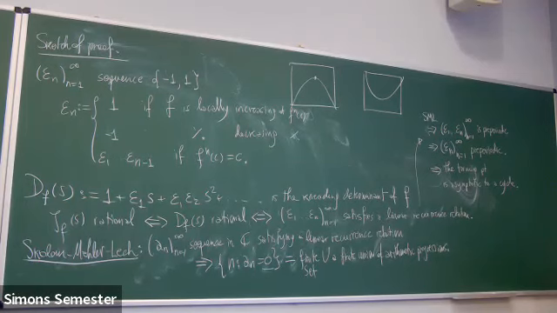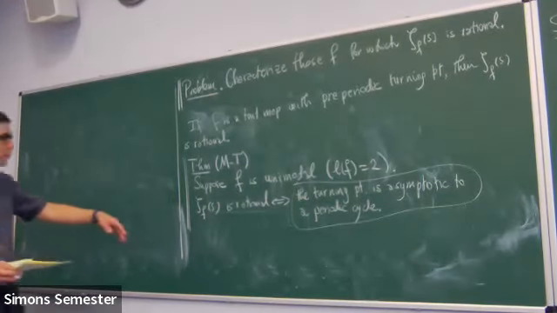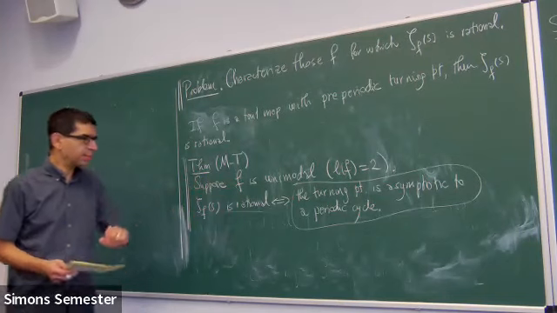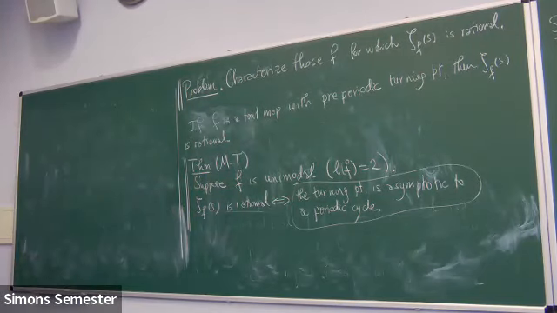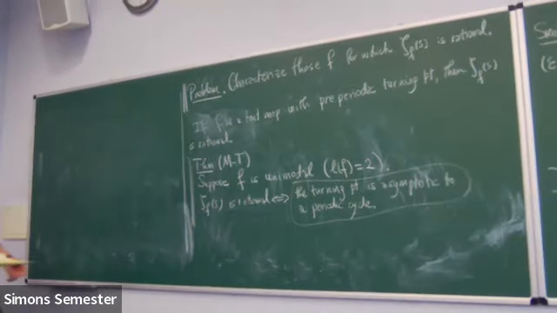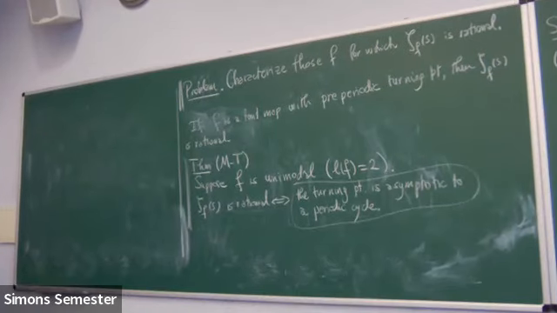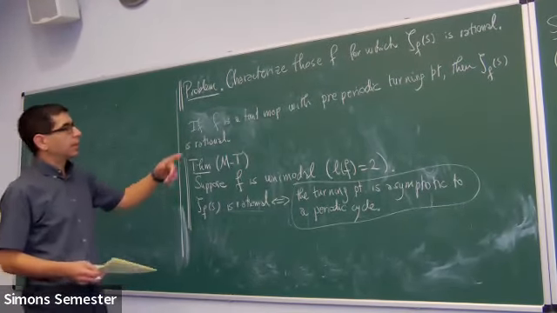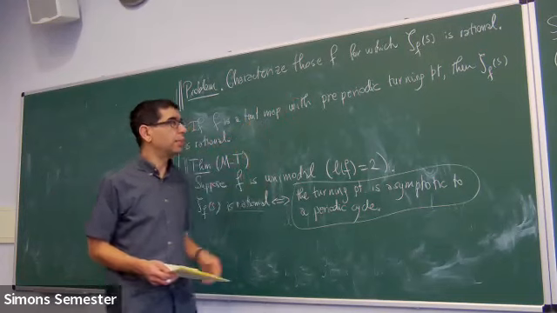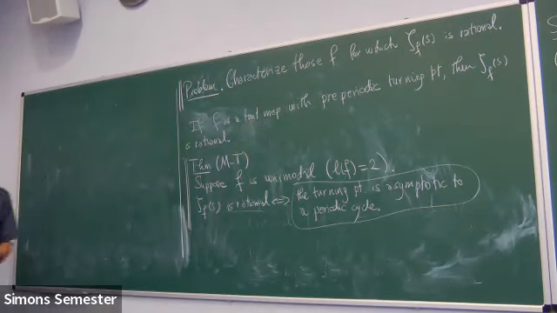Okay, so I wanted to mention what happens for multimodal maps. Well, there's the problem to characterize those multimodal maps where the Artin-Mazur zeta function is rational, and there are some interesting examples that I wanted to mention.